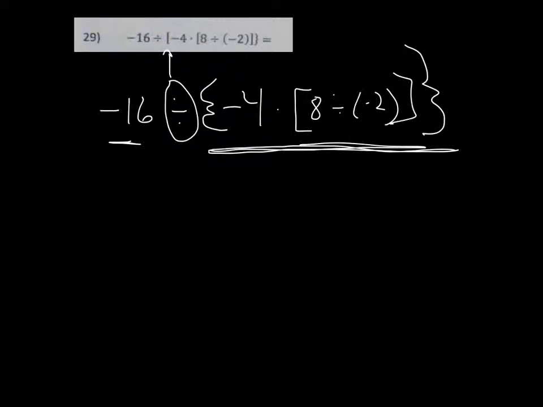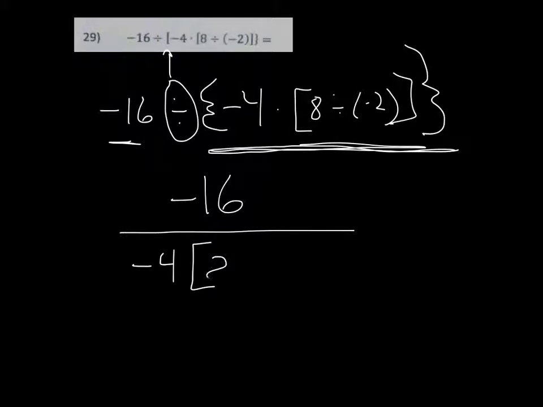So I could rewrite this as negative 16 divided by negative 4 times, is that right? Negative 4 times, yes, 8 divided by negative 2. Just like that.